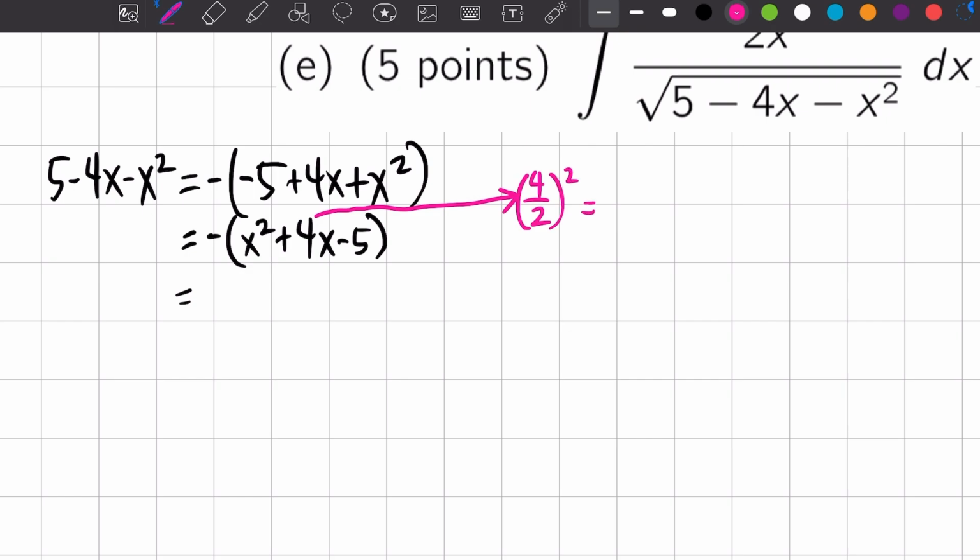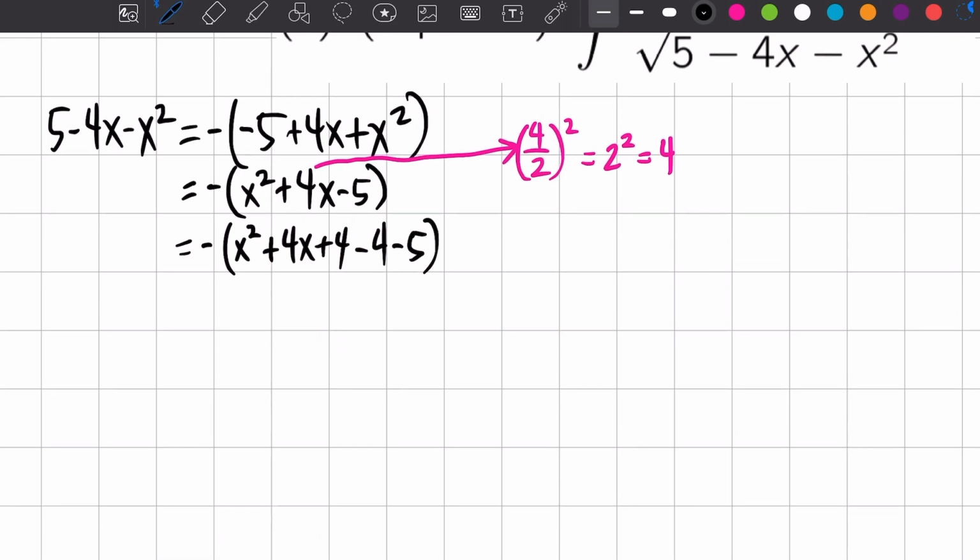We have 4 over 2 is 2, then raised to 2 is 4. What we'll have here is x squared plus 4x plus 4. But since you added the 4, you have to revert that one, so you will also subtract a 4. And don't forget our minus 5 right there.